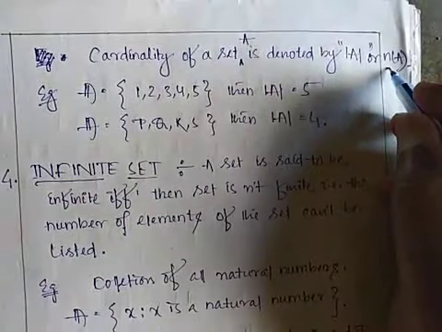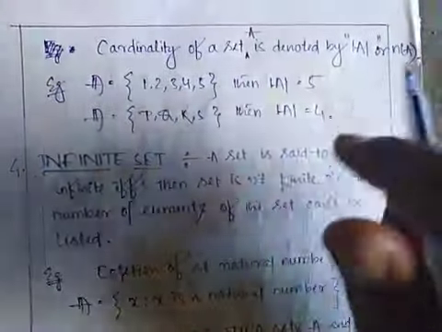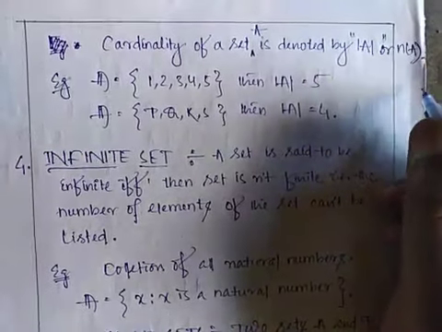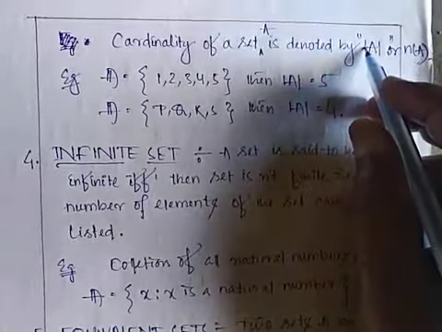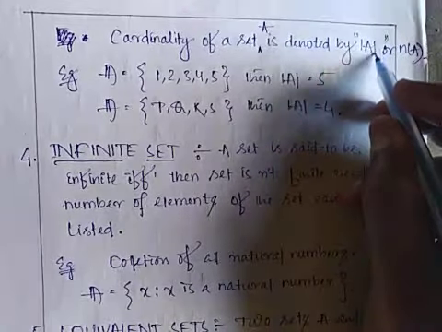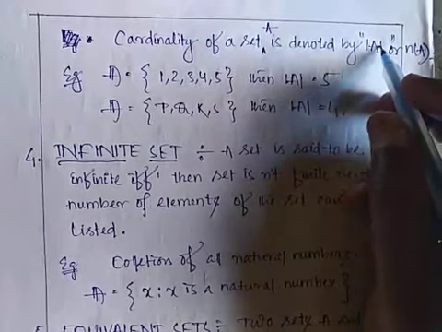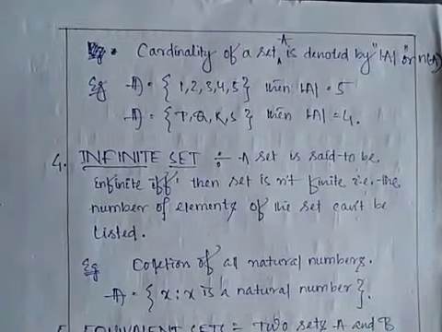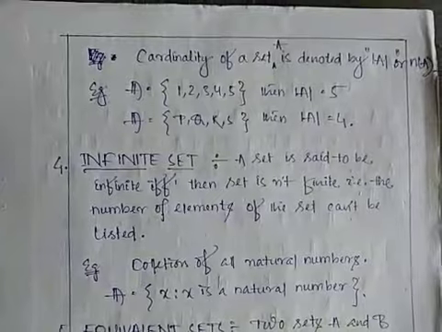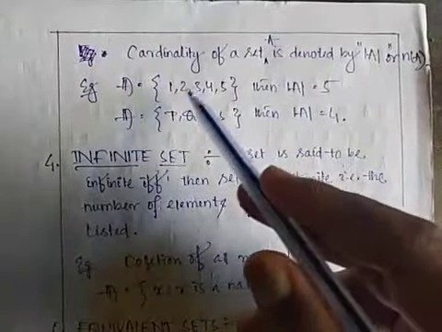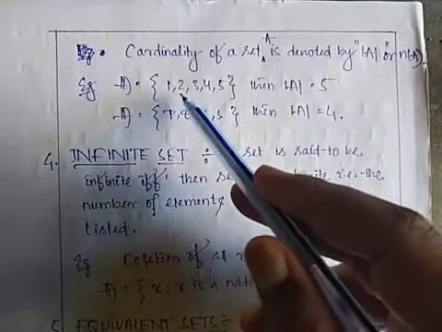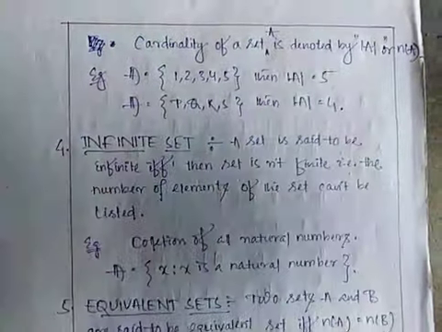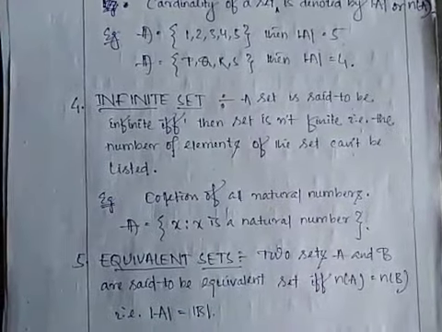Here the n represents the number of elements of A. So cardinality is represented by the set name with two perpendicular lines beside it. I have written one more example here. In the set A the elements are 1, 2, 3, 4, 5. Then what is its cardinality? It is 5.